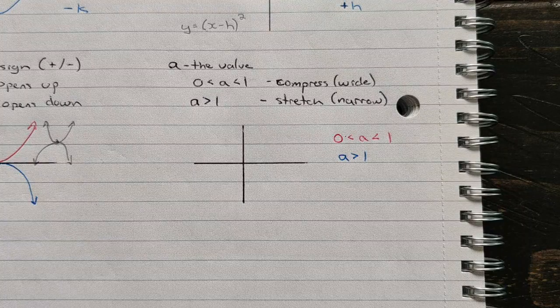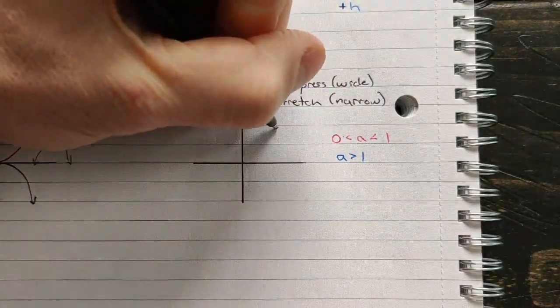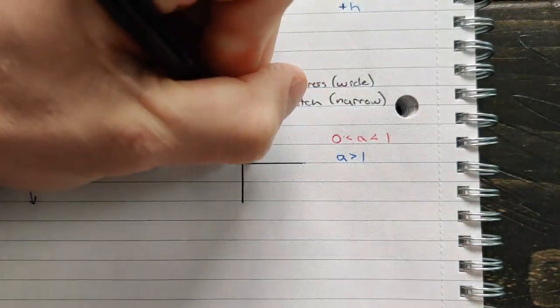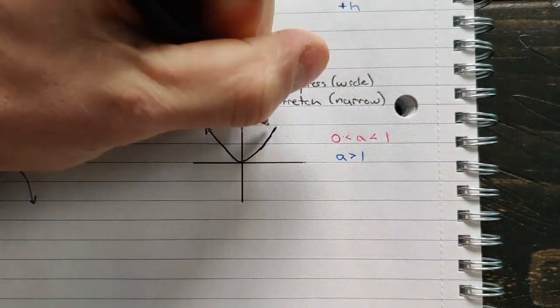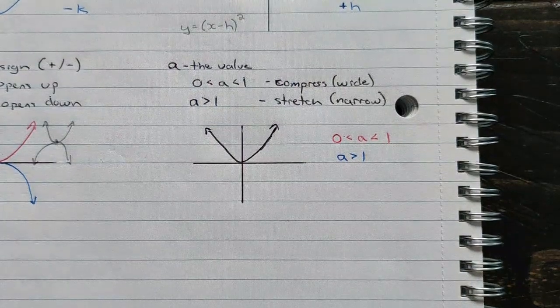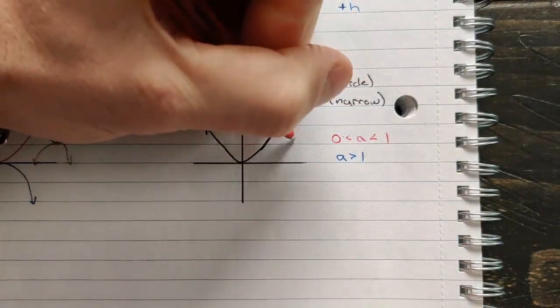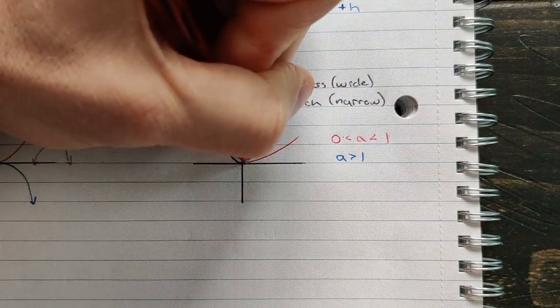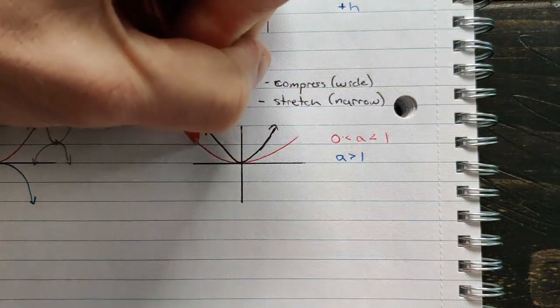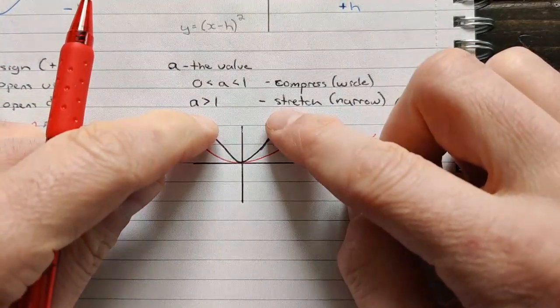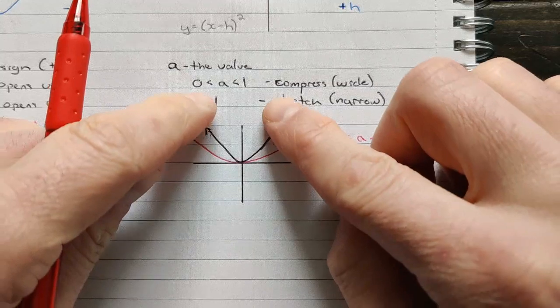Everything's going to be wider. It's just like you're taking the graph and putting it down, pressing it.